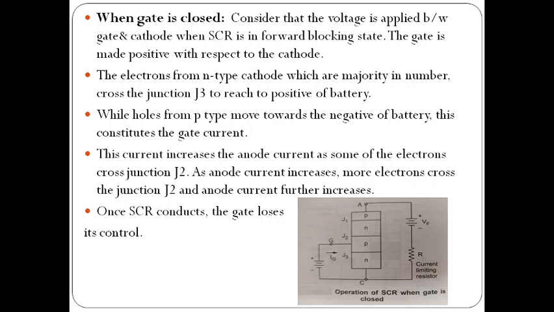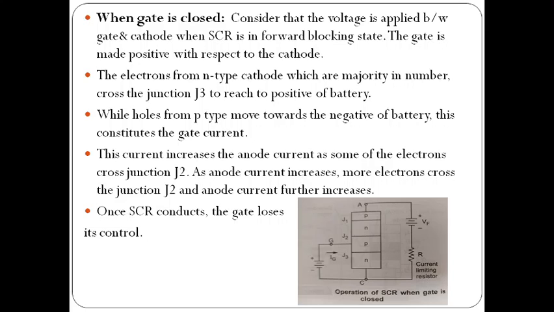When electrons cross the junction J2, we get the anode current. As the anode current increases, more electrons cross the junction J2 and the anode current further increases. So we can say SCR is in conduction mode.